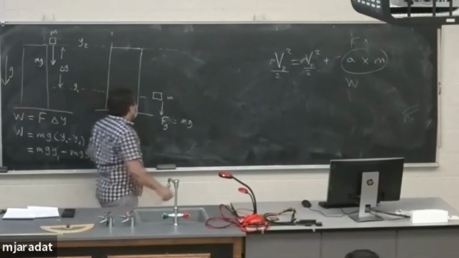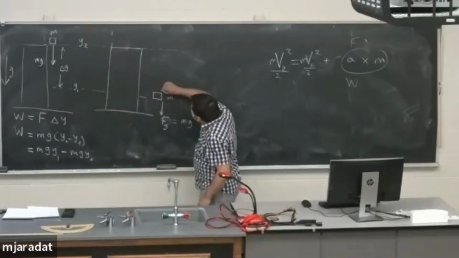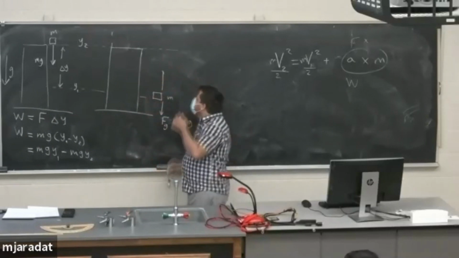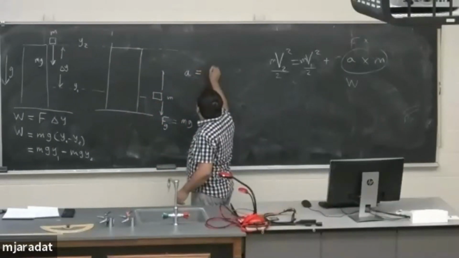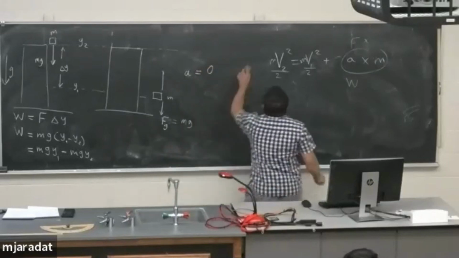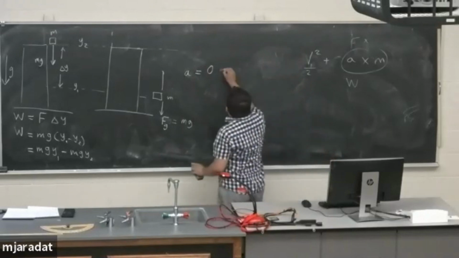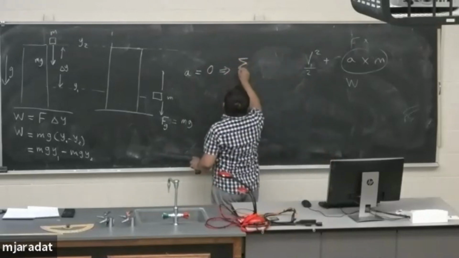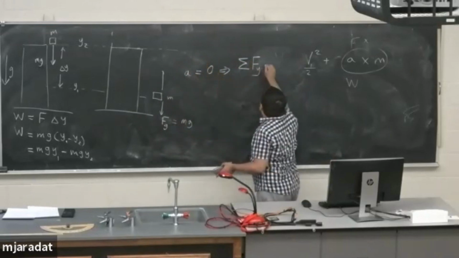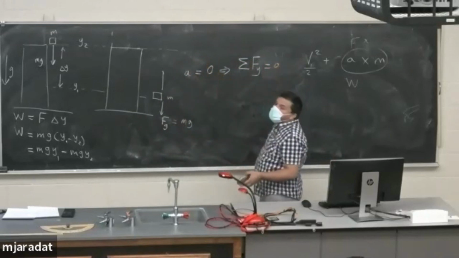Now, if I need to move the object with constant velocity, it means the acceleration is equal to 0. What does that mean? It means that in the y direction, the acceleration is equal to 0. What are the forces now?